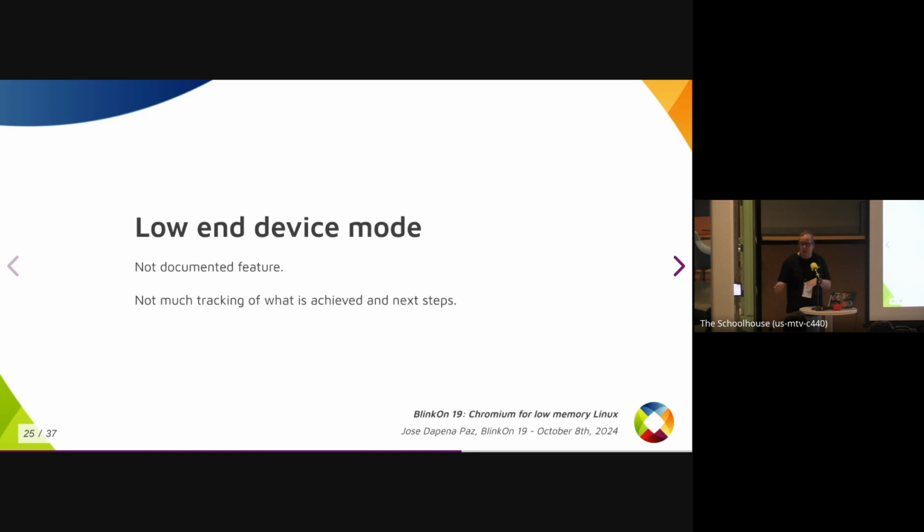There's also not much tracking, and I couldn't find good tags in the bug tracker for memory-specific problems. So there's a mix of things that are somehow related, but maybe it would be nice to have some kind of tag for unifying the investigation and for unifying the people working in this problem space.